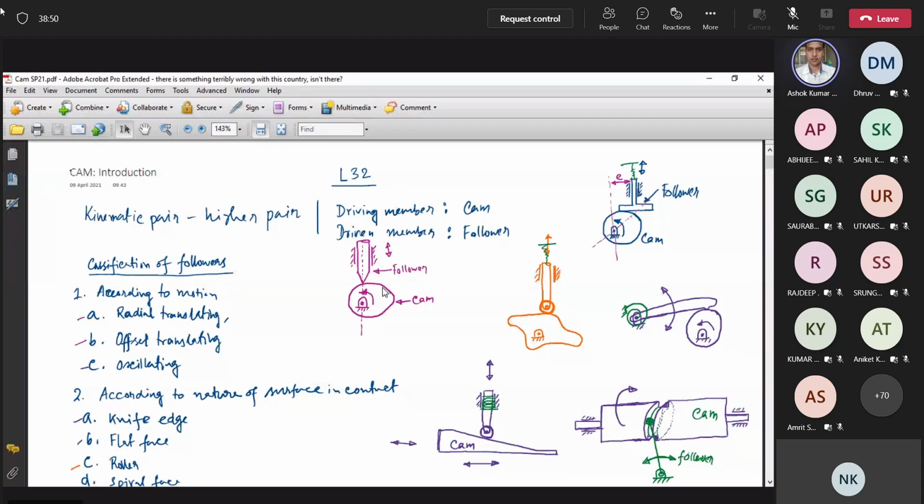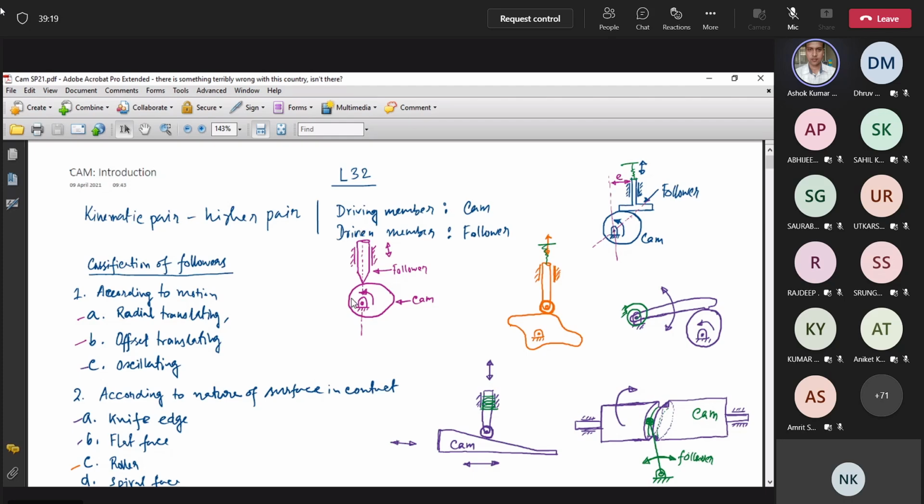In this case, the cam has a circular motion, and depending on it we want to control something, where the circular motion is converted into translating motion.